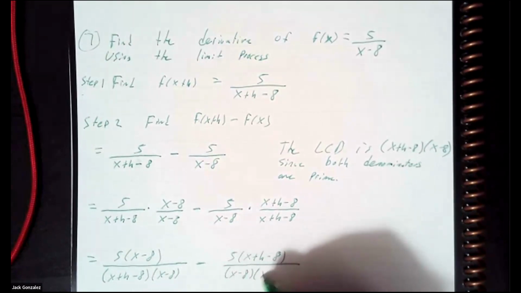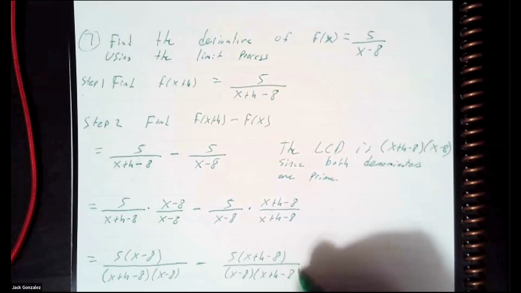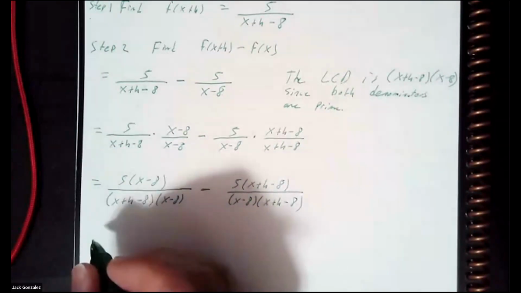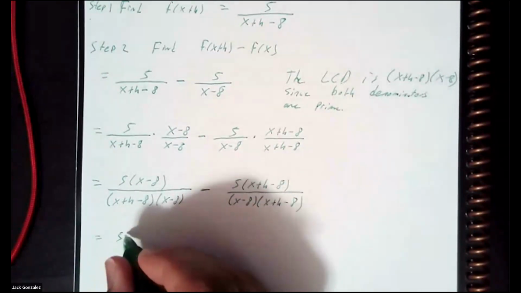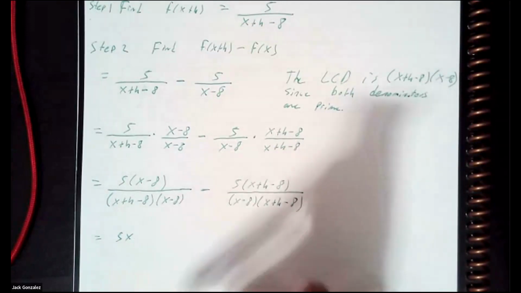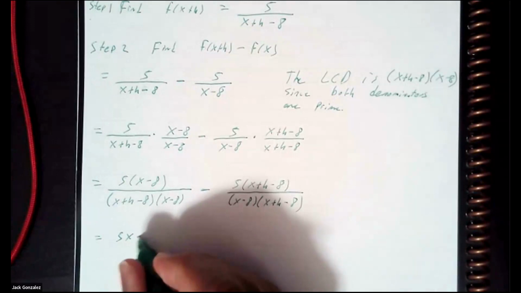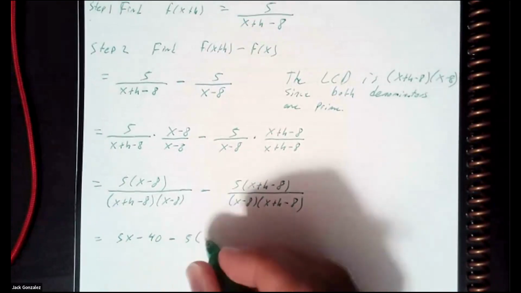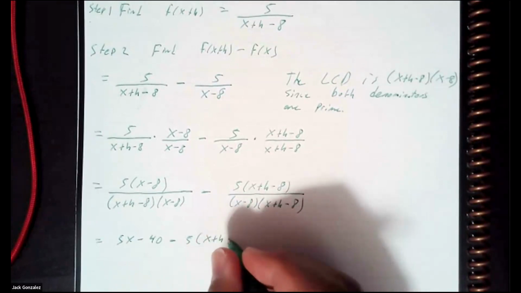Do you see that they have the same denominator now, right? So now you can subtract them. So on top, we're going to have 5x minus, well, 40, I guess, that's fine. Minus 5 times x plus h minus 8.